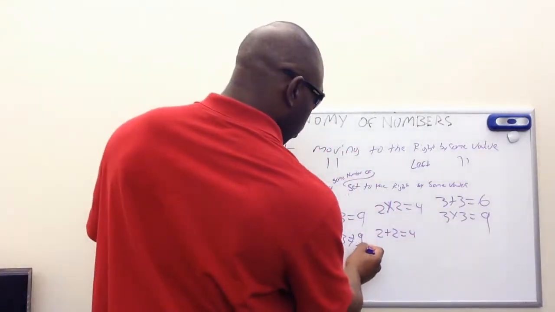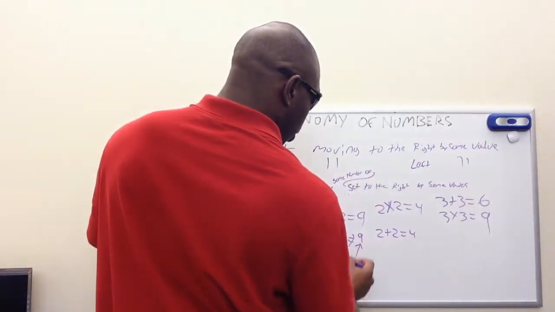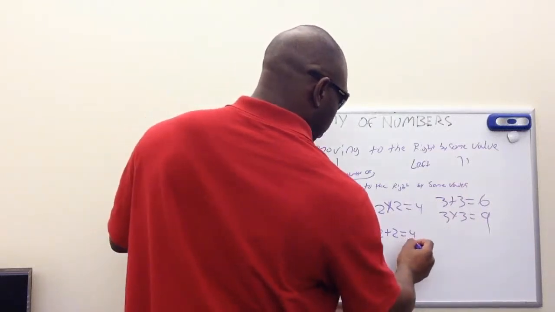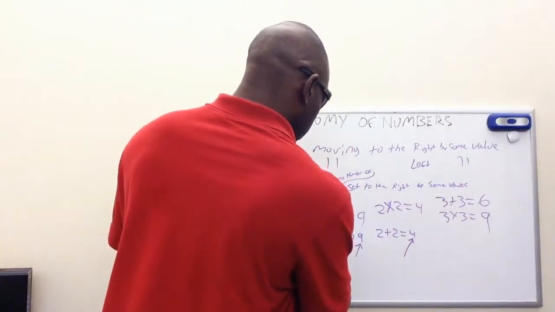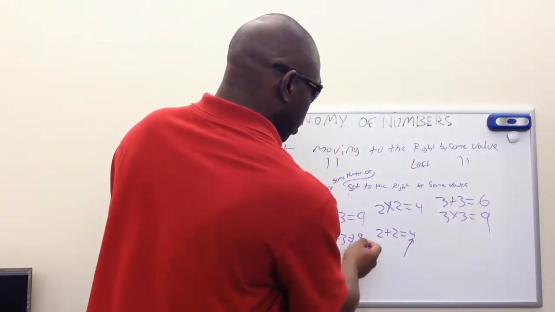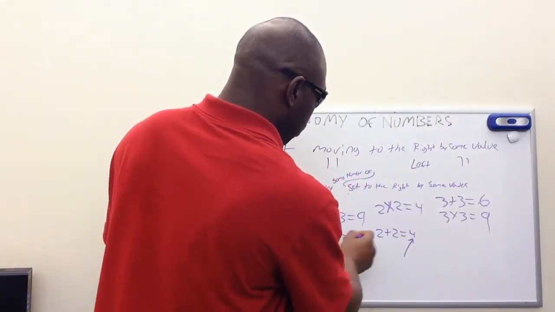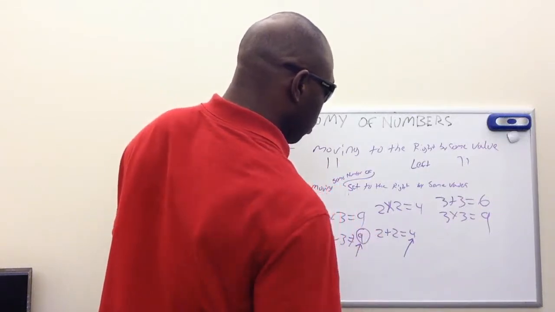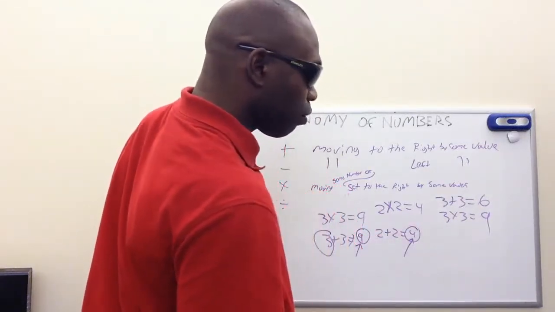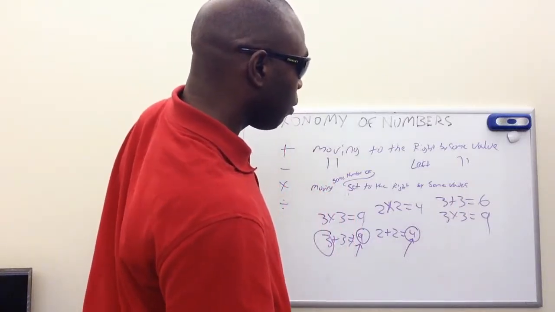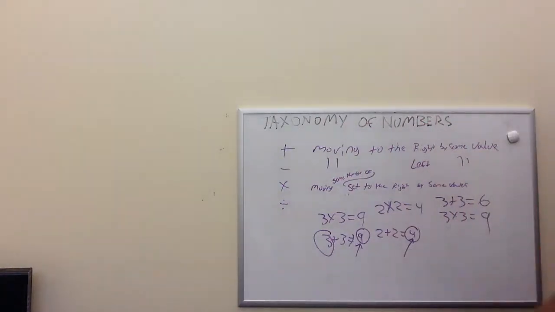How many 3's are in 9? How many 2's are in 4? How many of a number is inside of a number? And that's basically the foundational principle of division.